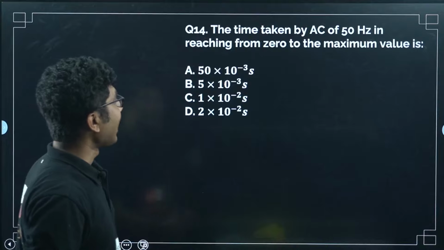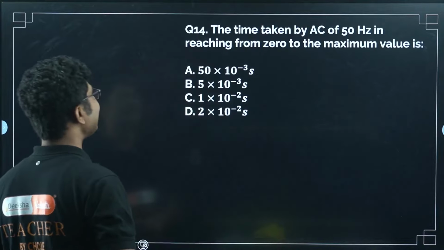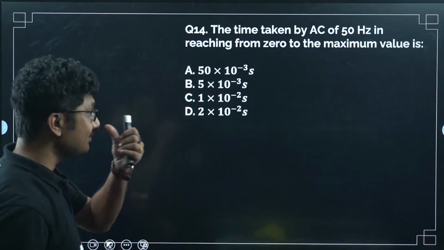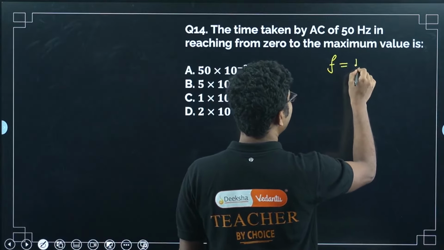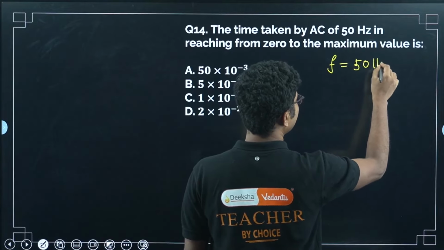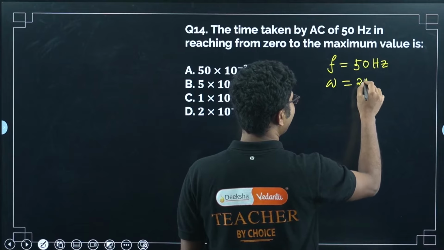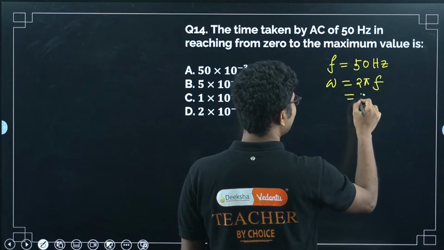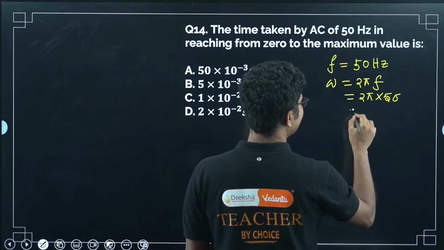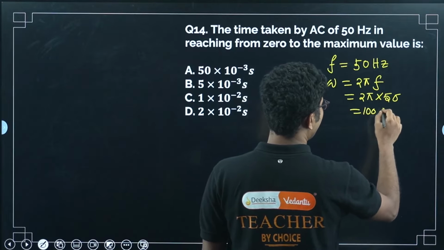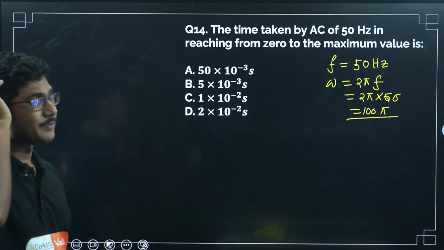Now, the time taken by an AC of 50 Hertz in reaching from 0 to maximum value. So the frequency is given as 50 Hertz. So omega is 2 pi f, that is 2 pi times 50, that is 100 pi. You should remember that if frequency is 50 Hertz, omega will always be 100 pi.